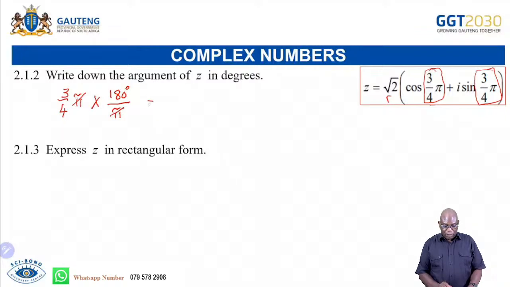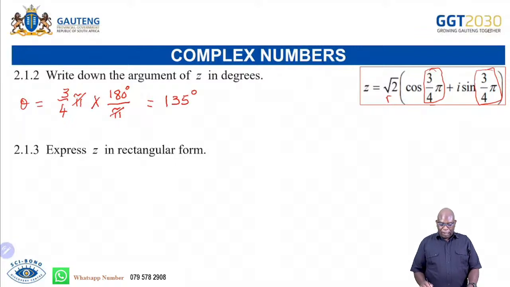Then I go to my calculator and I say 3 over 4 multiplied by 180 degrees. Remember, I no longer have pi there. So the angle that I'm going to get now is in degrees, which is 135 degrees.